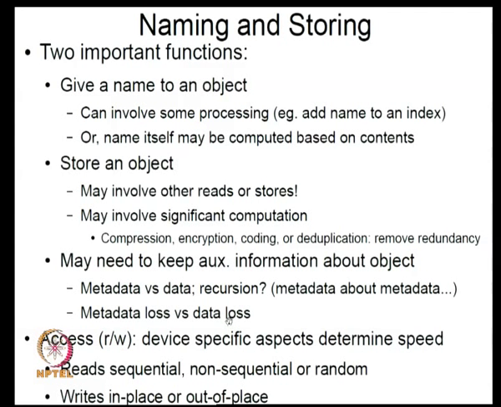Some people value data more than metadata. I'll give an example. Suppose you have kept your information about your bank account, right? Now what is important? How much money you have, or the pointer which keeps track of how much money you have?